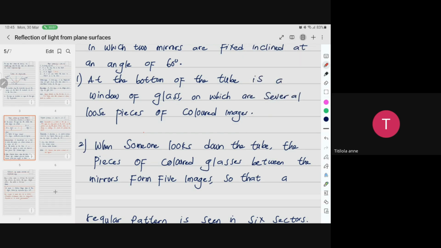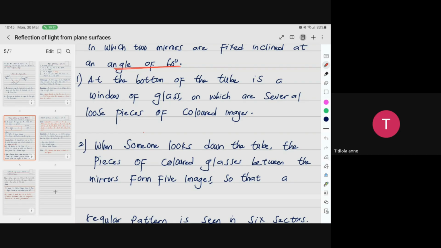So let me see those that are following. So the angle between the two mirrors is what? 60 degrees. So at that 60 degrees, we're expecting 5 images to be formed inside the kaleidoscope. So the angle of inclination between the mirrors in a kaleidoscope, if I'm pronouncing well, is 60 degrees.